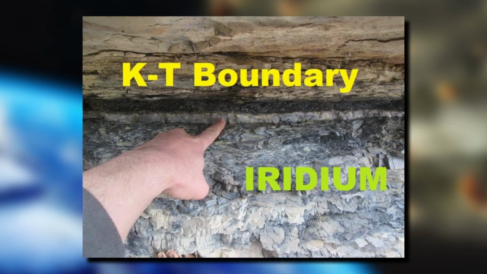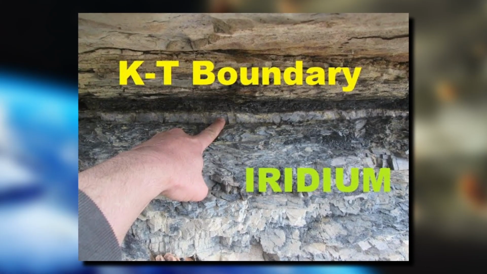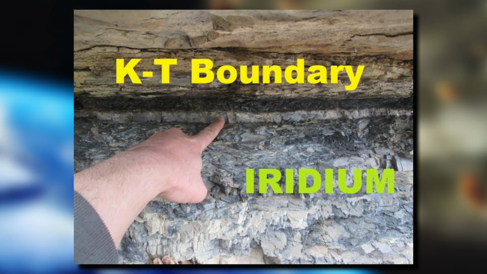And in between these two occurrences, we have an iridium rich layer, and this iridium rich layer marks the ferruginous band, and that occurs at the boundary of the last appearance of the Cretaceous forms and the first appearance of the Tertiary forms.